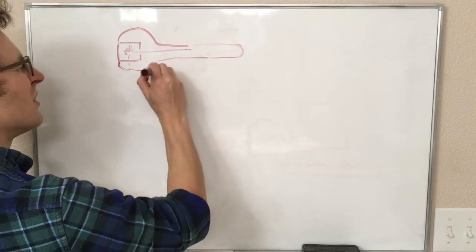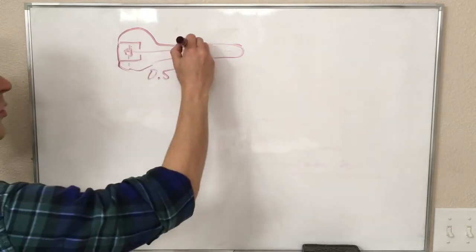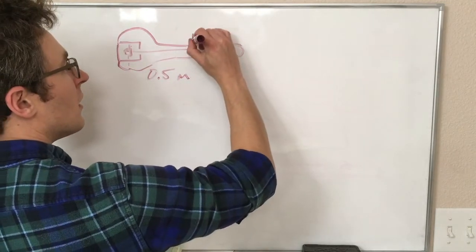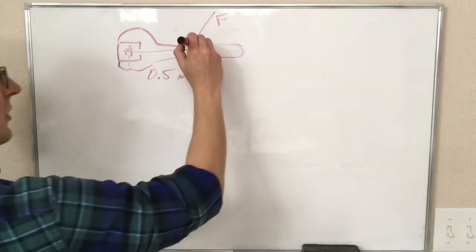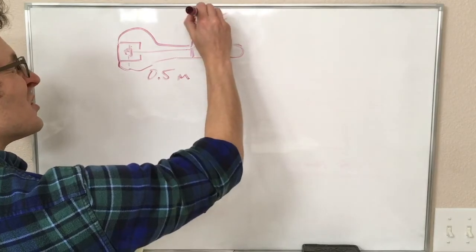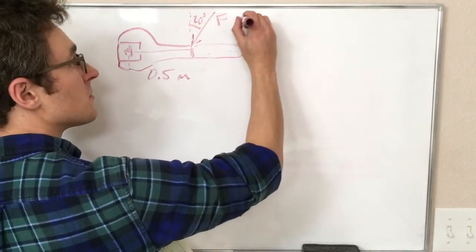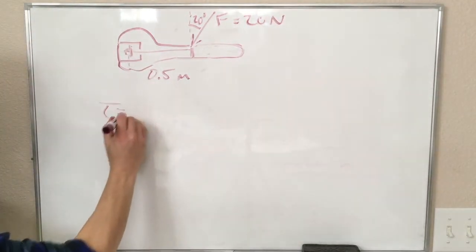Sorry, this is getting kind of illegible. 0.5 meters away from this rotation point, we have a force on the wrench that is acting at some angle. So our force now is not perpendicular, it is at an angle of 20 degrees, and our force is 20 newtons. So now, what is our torque?